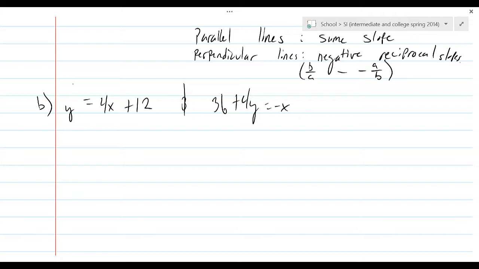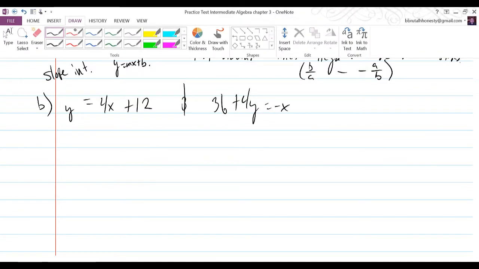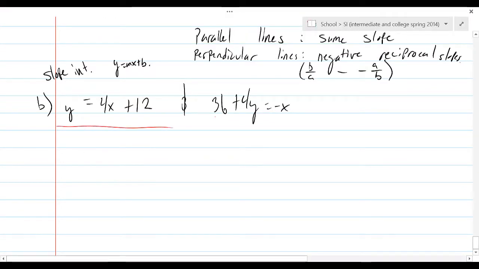Well, slope-intercept, which looks like this: y equals mx plus b, if you didn't know. So my goal is going to be to get both of these lines into slope-intercept form and then identify their slope. For example, this line is already in slope-intercept form, and m is my slope, with the 1 next to x, so my slope is 4.